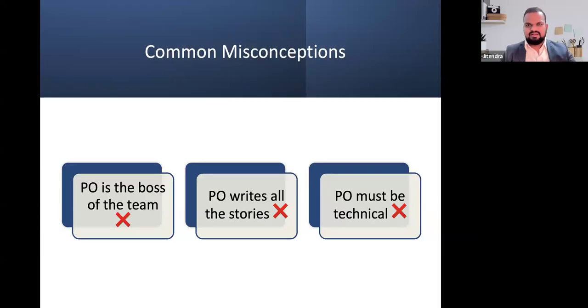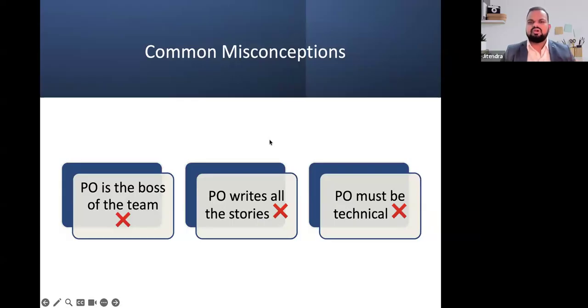Again, like a Scrum Master's job is not only about scheduling meetings or facilitation. A lot more a SM does. There is one component. Same way, writing and detailing your story is one of the components. As a PO, you're going to do much more than that. Another misconception: PO is the boss of the team. No, the PO is also just part of the team, having a product mindset, making sure the team does not have any ambiguity in understanding the product.